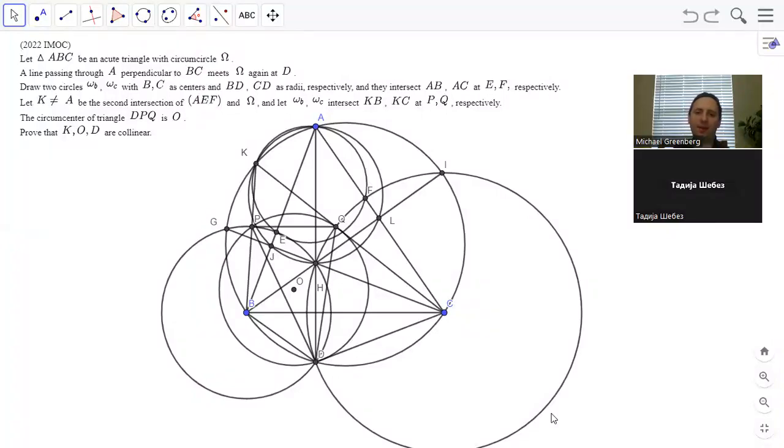Oh yeah, because of the circle. That's a good observation. And QCH is half of angle ACJ, so it's a quarter of angle ACJ. So maybe the rest is just an angle chase. So that gives us QDH.